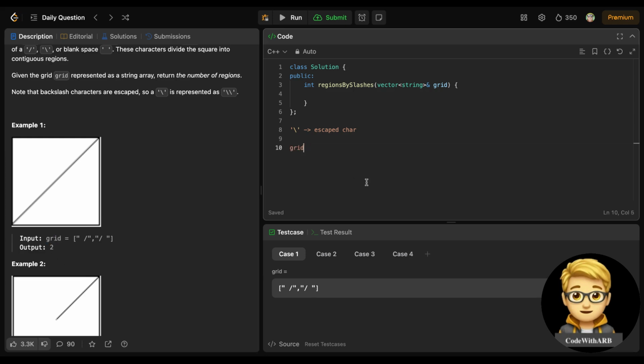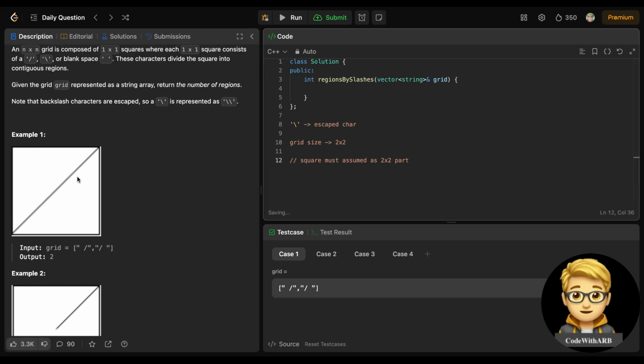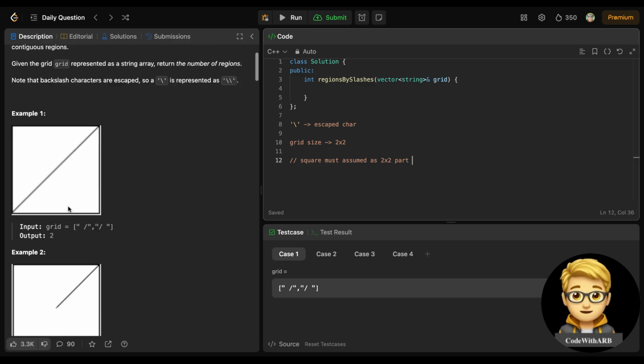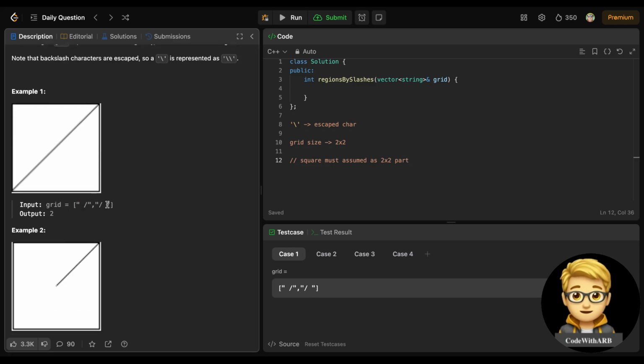If the grid size is given as 2 cross 2, it means the square must be assumed as 2 cross 2 parts. And how it gets cut depends on the backslash and forward slash characters given in this grid.